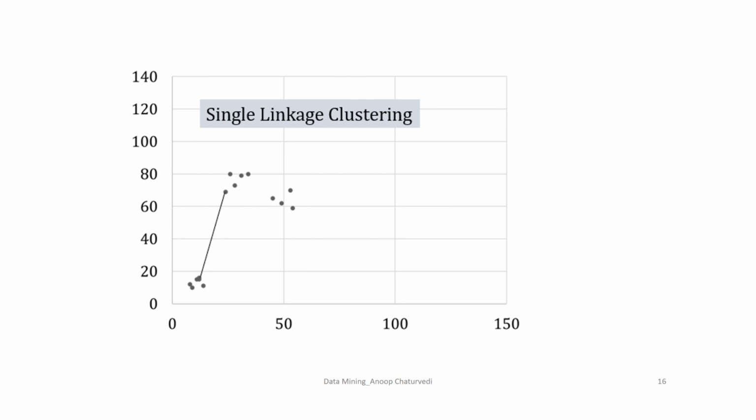So, basically in single linkage clustering, what we do? We calculate the distance between 2 clusters as the distance between two nearest points. So, suppose you consider this cluster and this cluster, then the distance between two clusters is this much.